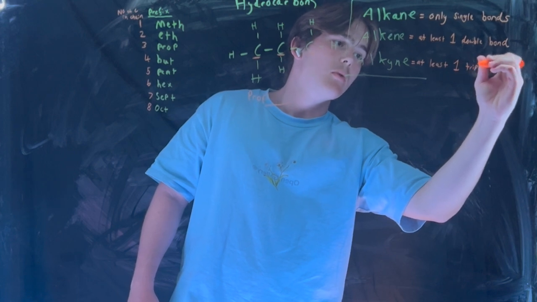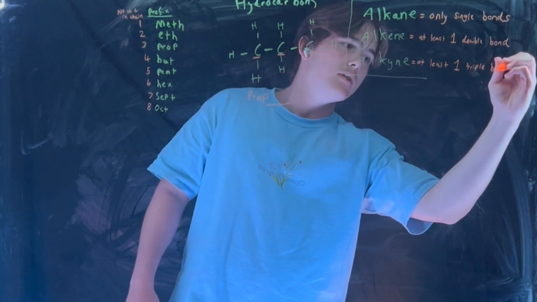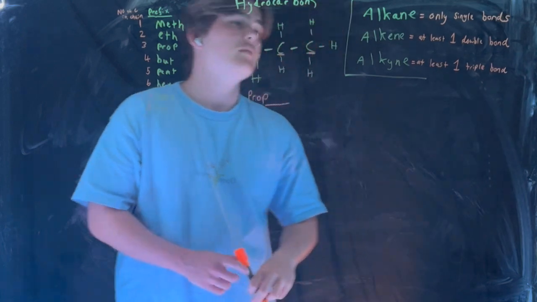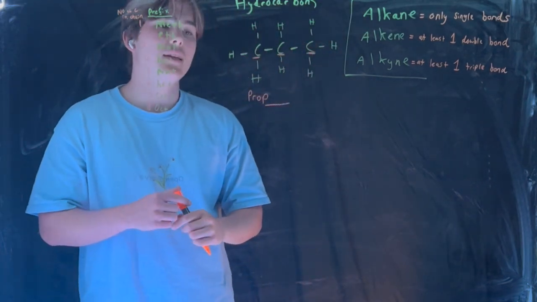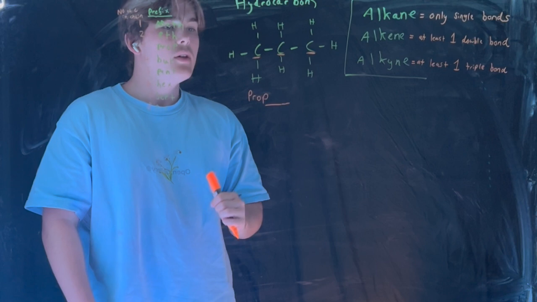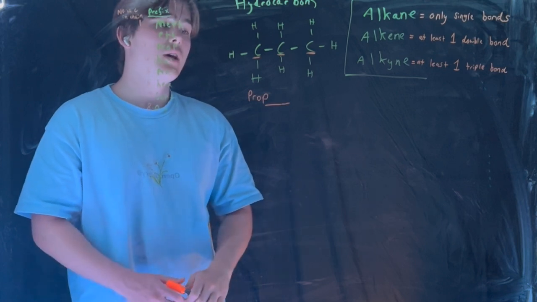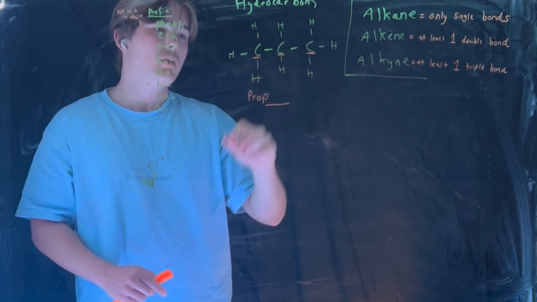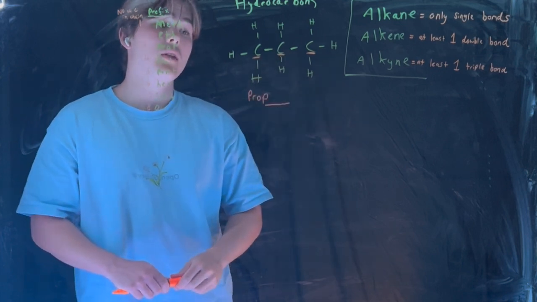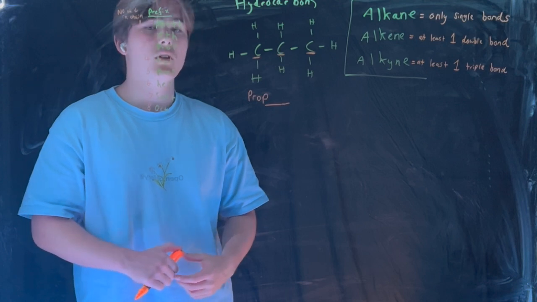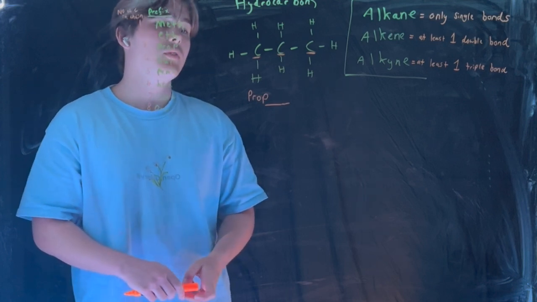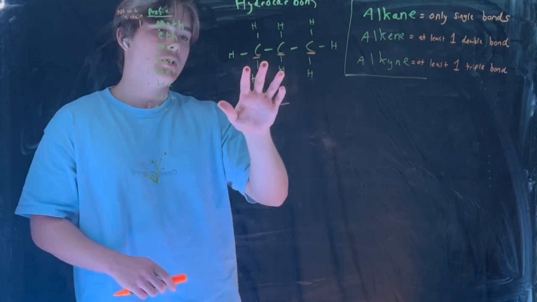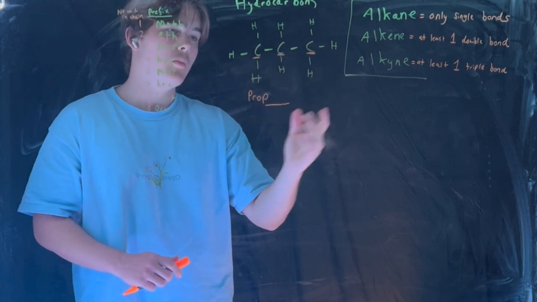I'll show you an example of a few of these in a second, but this one here is just an alkane. The reason for that is because we only have single bonds, represented by these straight lines, which are the bonds between the carbon atoms. They only have one line between the carbon atoms, representing a single bond. If we look at all of these bonds to hydrogen and carbon, they're all single bonded.